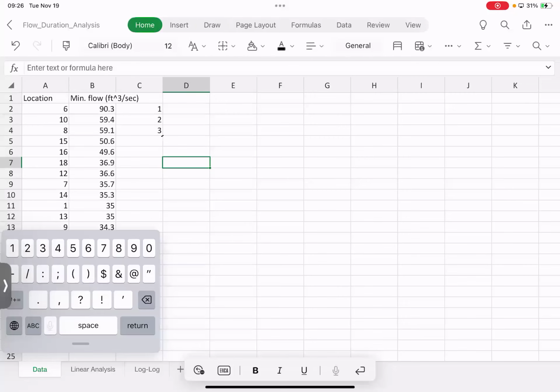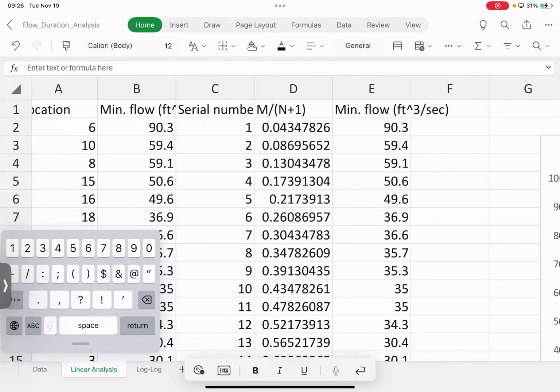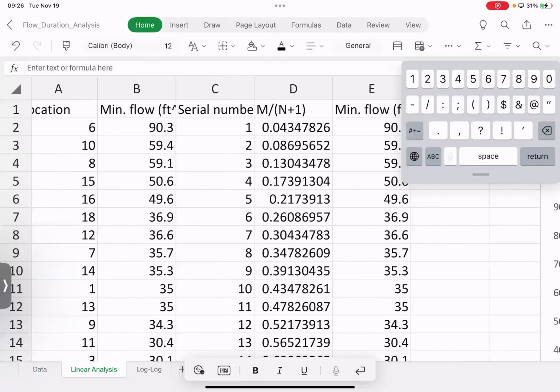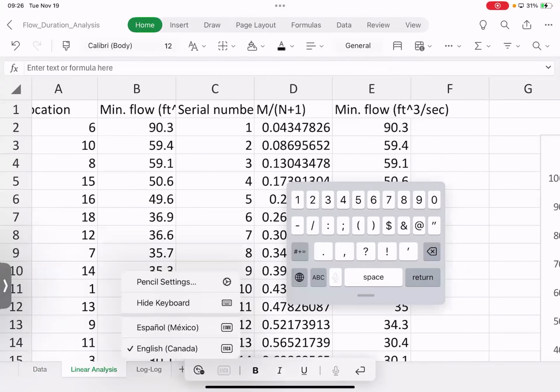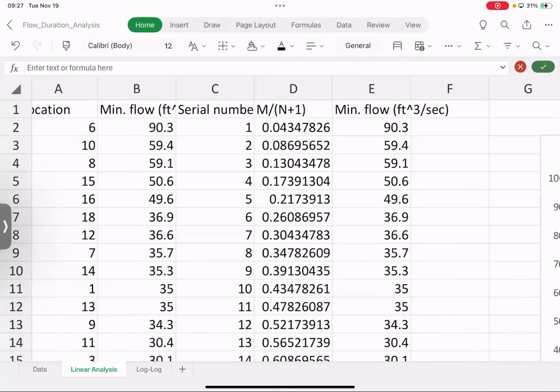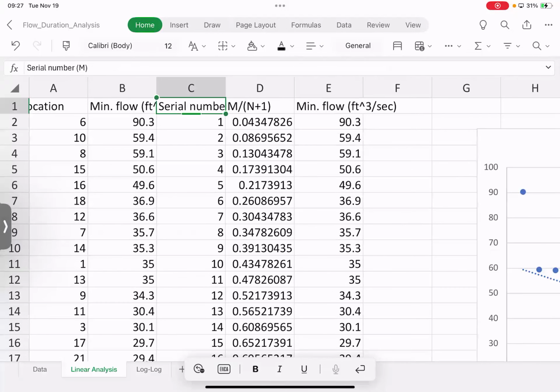Oh boy. There, pre-baked. Now, of course, I can't get rid of my keyboard. Okay. So we added a serial number, which is called M.